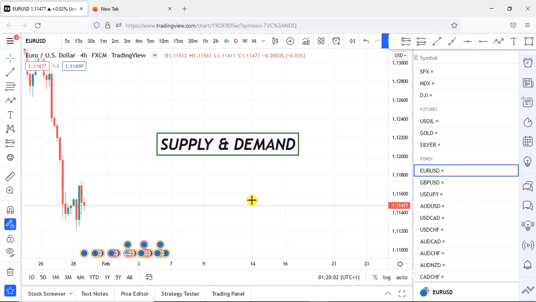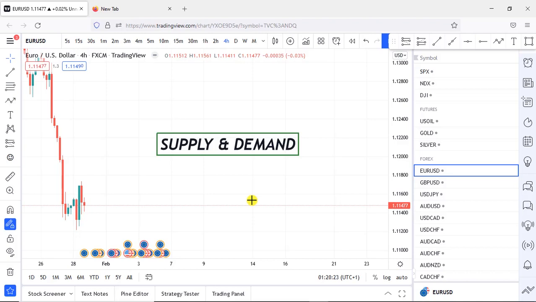Then we have the big players like the banks, companies, and hedge funds who trade this market with billions of dollars. So the two players or participants in the market are small scale traders, also called retail traders. They buy and sell in small quantity.